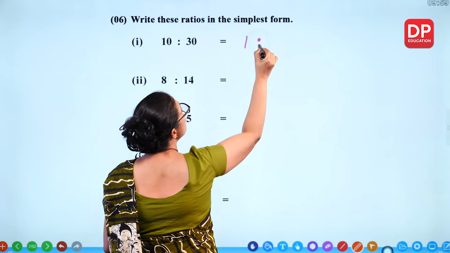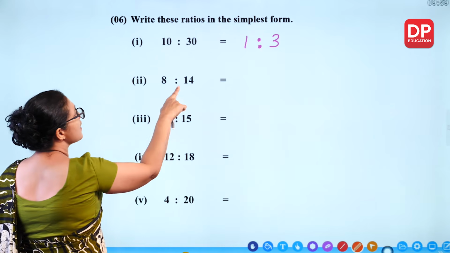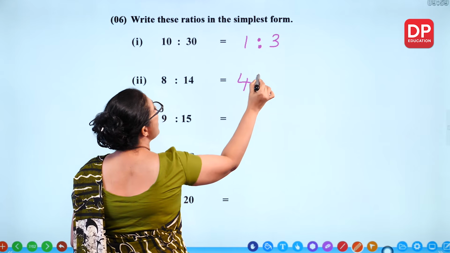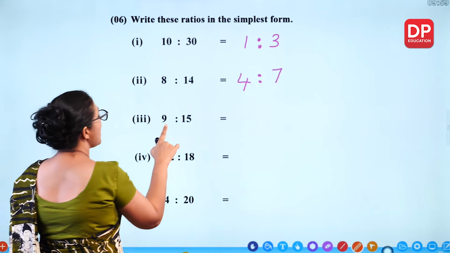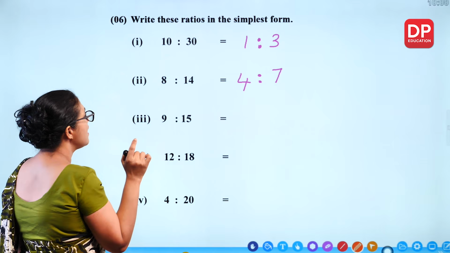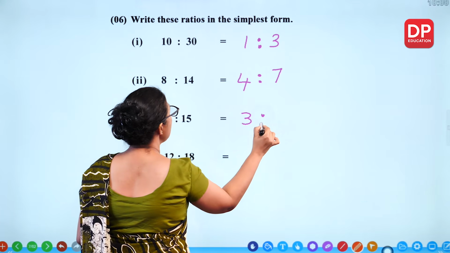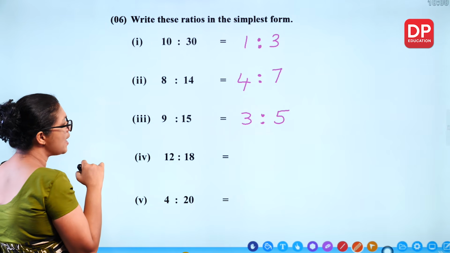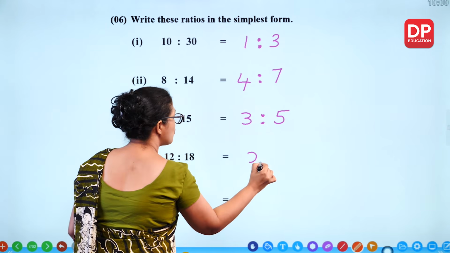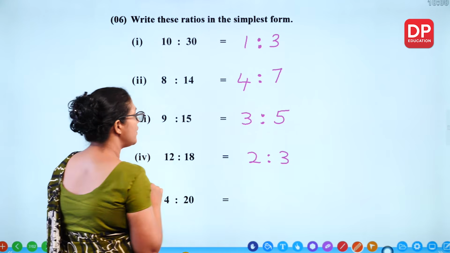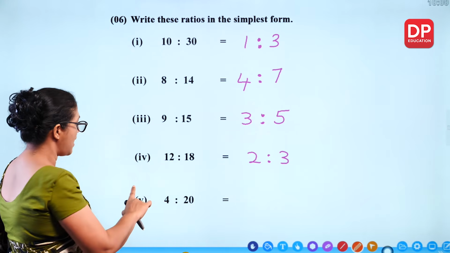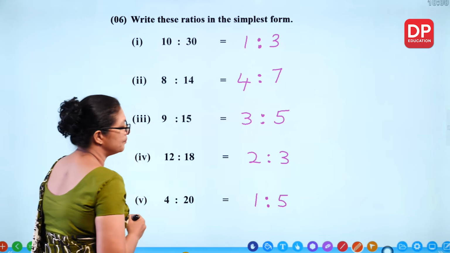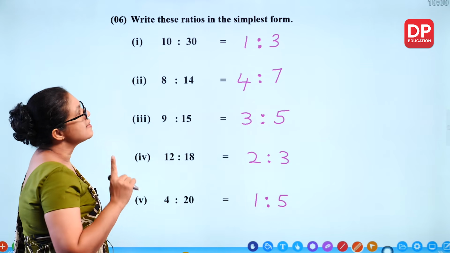So 1 to 3. 8 and 14, I can divide this by 2. 4 and 7. 9 to 15, I can divide this by 3. 3 to 5. 12 and 18, I can divide by 6. 2 to 3. 4 to 20, I can divide this by 4. 1 to 5. So these are the simplest forms.